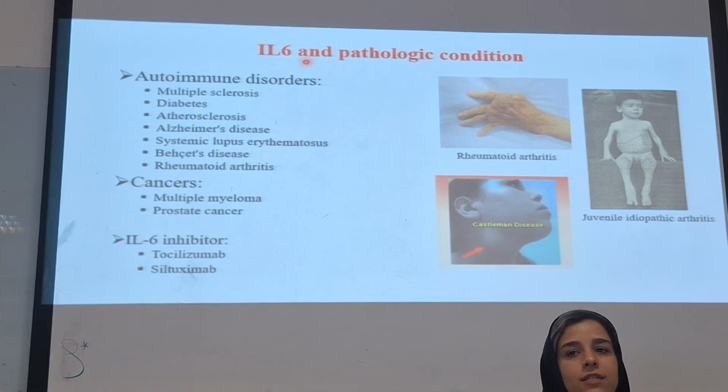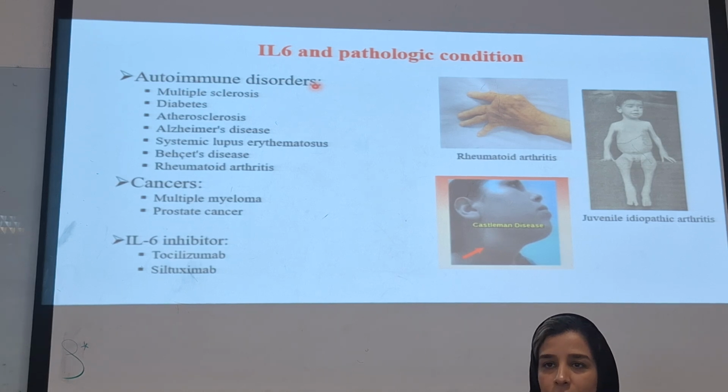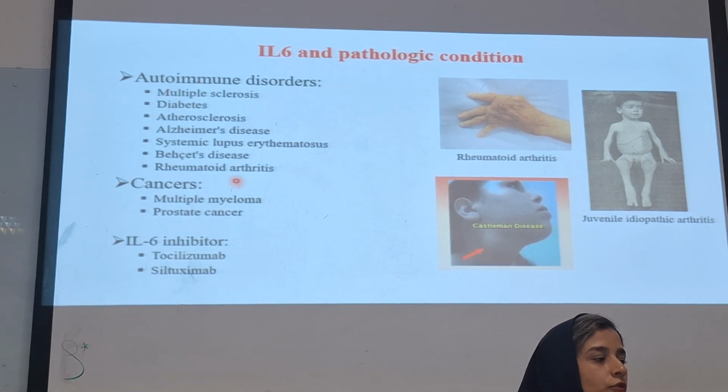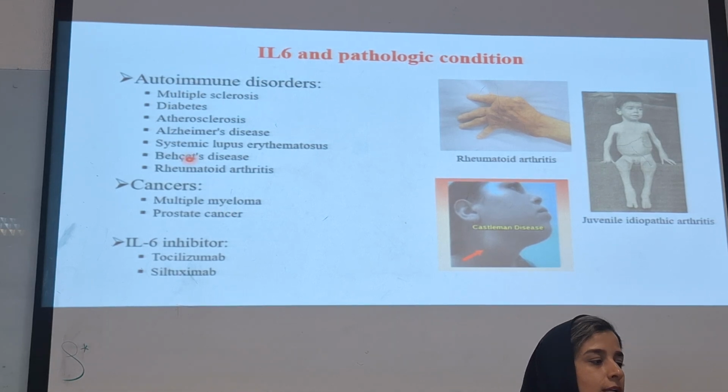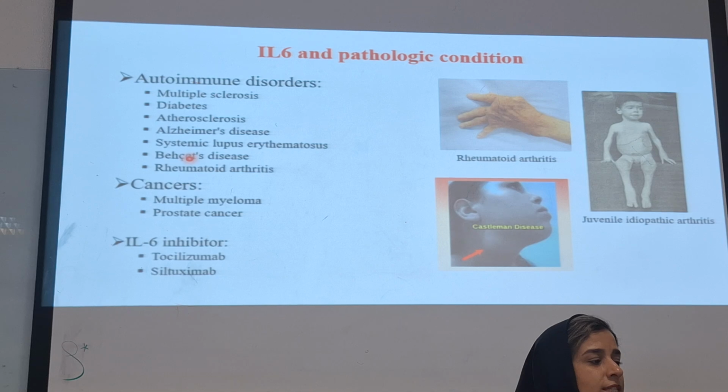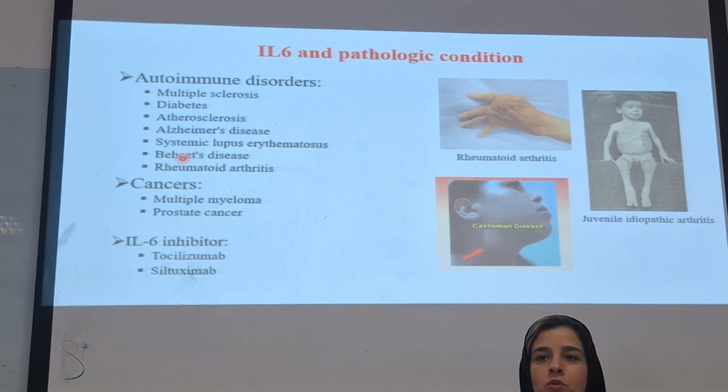Another cytokine is interleukin-6. Like interleukin-1 and TNF-alpha, it is an inflammatory cytokine and is important for some disorders like multiple sclerosis, atherosclerosis, and diabetes. As you are seeing, most of them are autoimmune diseases.